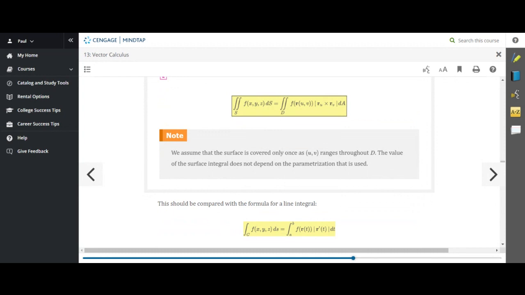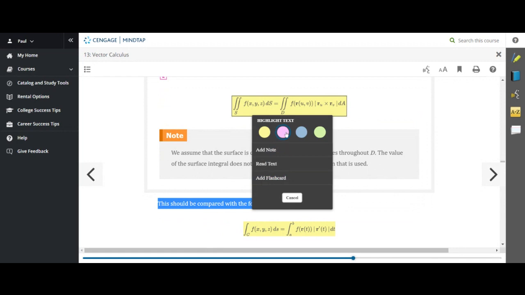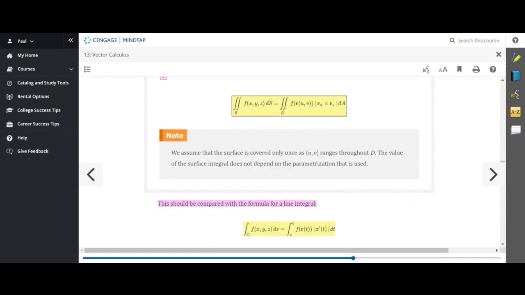They comment here that the formula for the surface integral, the top yellow box, should be compared with the formula for a line integral.